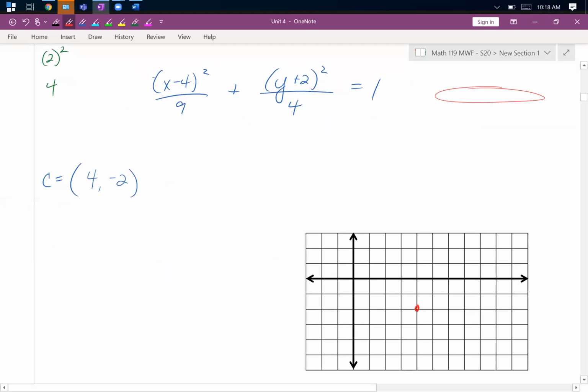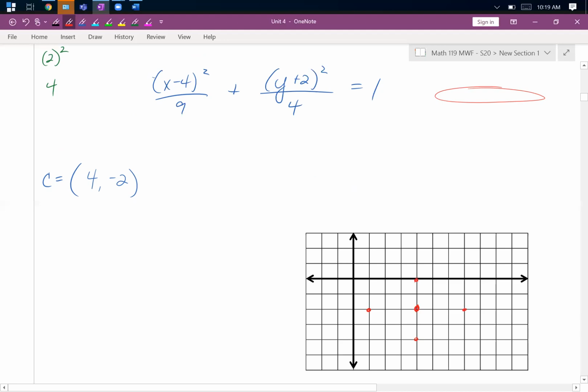Plot my center. Well, how many units are we going to go in the x direction from our center? Three. There we go. Square root of 9 is 3. And then how many in our y direction? Square root of 4 is 2. So we're going 2.